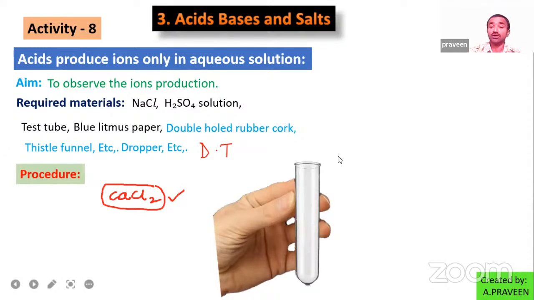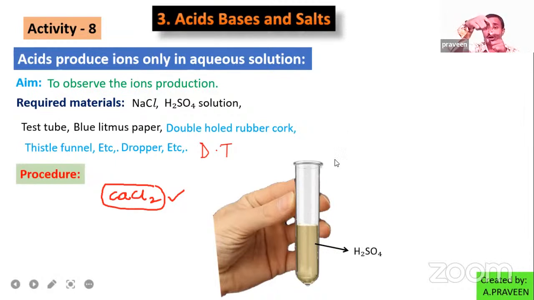Okay, so before that I can add acid into this. Fill the test tube with a certain amount of sulfuric acid, adding the acid into the test tube using the dropper. So I use a dropper for adding sulfuric acid into the test tube. Directly don't use the bottles.